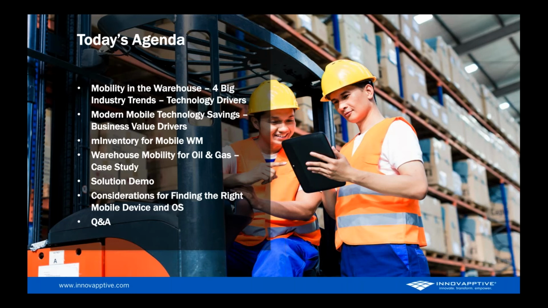We're going to have a short case study of an oil and gas company who's using our mobile solution. And then Sri will give a short demo of how M-Inventory could be used to support warehouse operations. We'll then summarize up and allow some time at the end for Q&A.